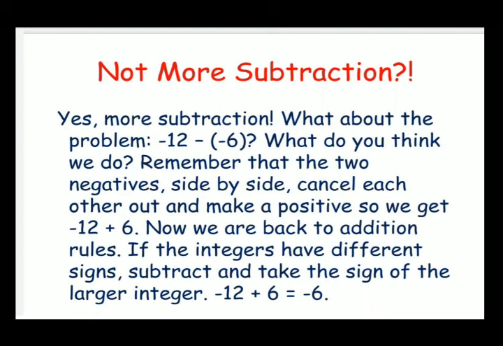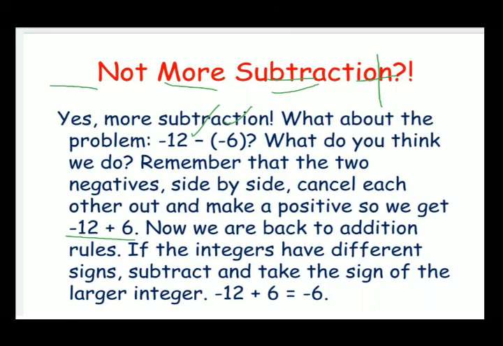What about the problem minus 12 minus minus 6? What do you think we should do? We have to remember that two negatives side by side cancel each other out and make a positive. So we write minus 12 as it is. Now here minus and minus, two negatives are there. So we know that negative and negative will become a positive sign. So here plus 6 is written.